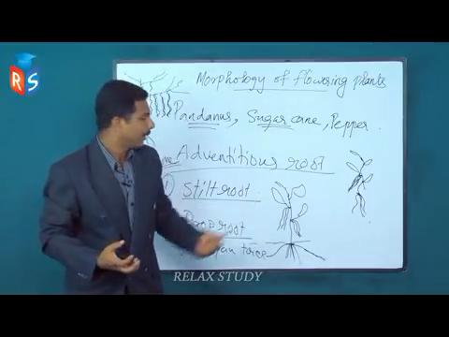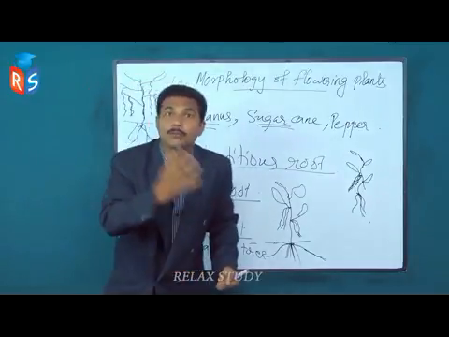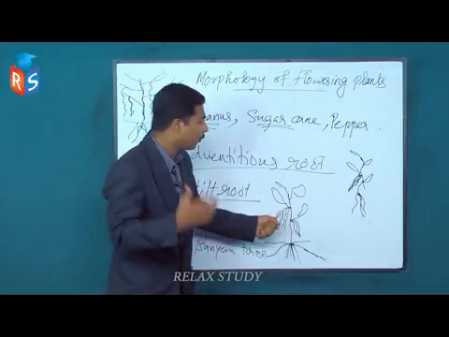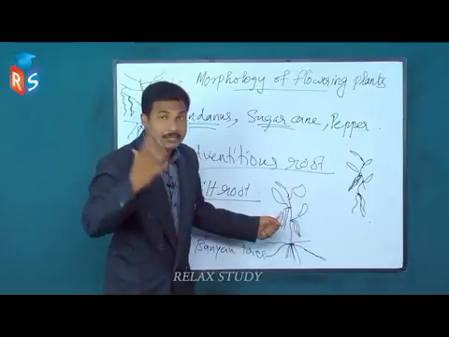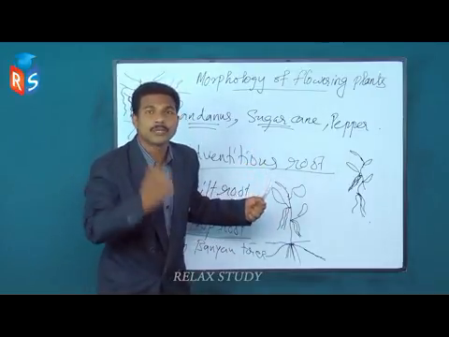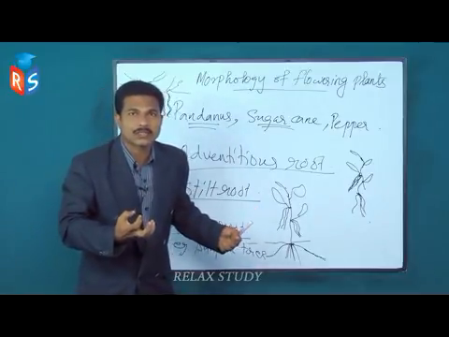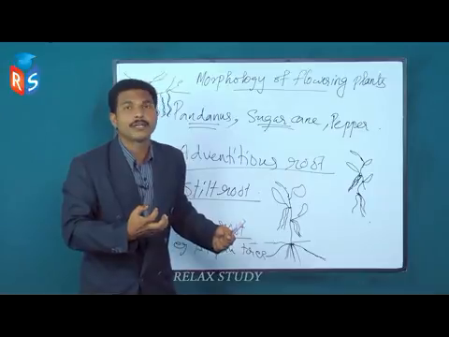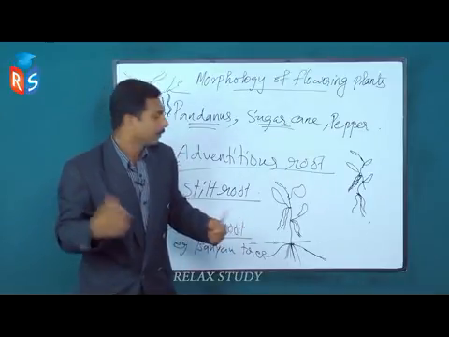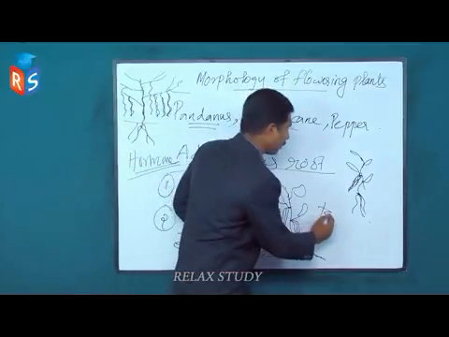Some more functions are there. In some special cases, the root stores food molecules. Normally food is stored in the aerial part, but in some plants food is stored in the root. Such a root is known as a modified root. Many types of modified roots you can see. Example, tapioca.